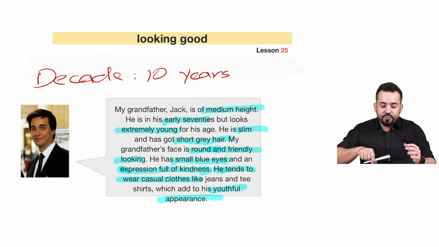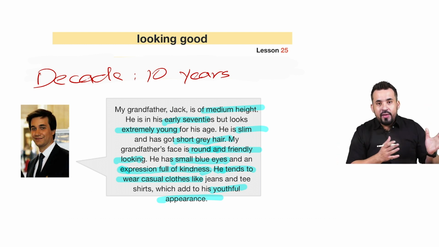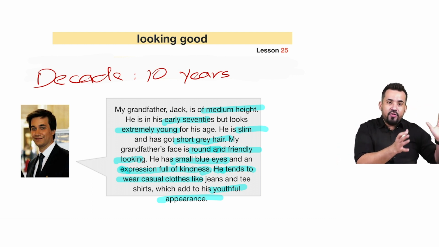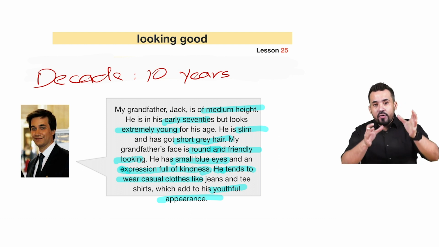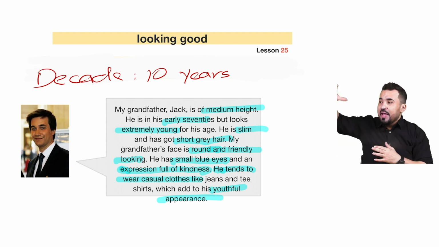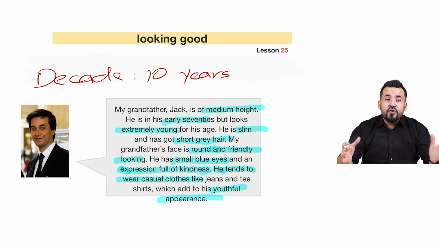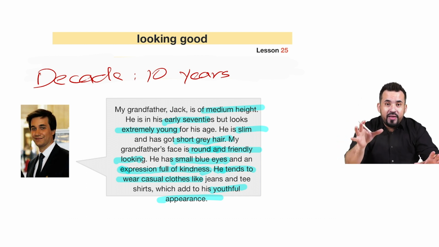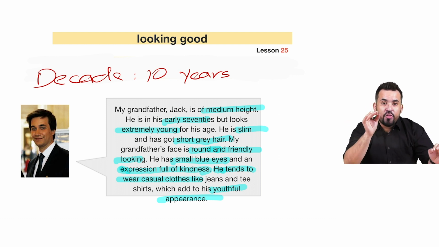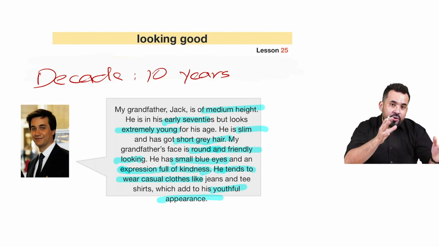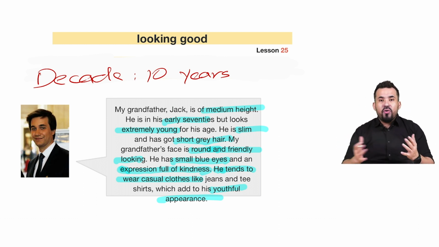So early means the first part of the decade, or the first part of the 10 years. Middle is the middle part of the 10 years. And late is the end part of the 10 years. If you say someone is in their early 20s, that means they're between 21 and 23. If you say someone is in their mid-30s, that means they are between 34 and 37.